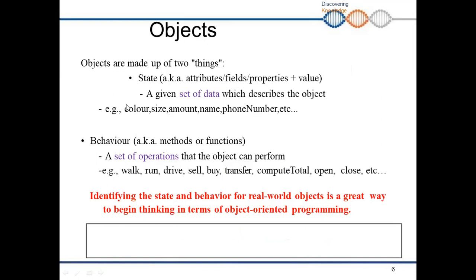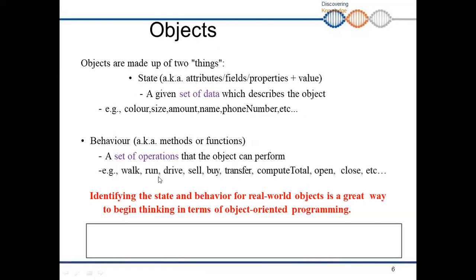There is another example: color, size, amount, name, phone number, that can be characteristics of an object as per the requirement. So functions can be walk, run, drive, sell, buy, transfer, compute, total, open, close as per our requirement.